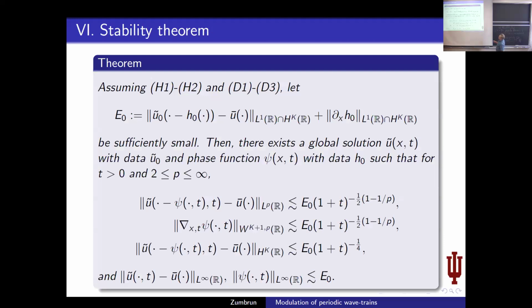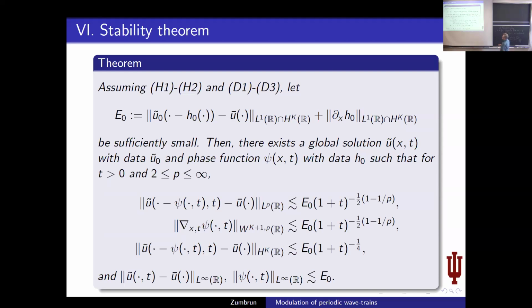So here's the theorem. It says that if we have a small enough norm E naught of the shifted data plus the derivative of H naught in L1, then there's a global solution U tilde with this data U tilde naught and a phase function psi with data H naught, such that for all high norms, p between 2 and infinity, and times positive, we have the bounds that we expect.